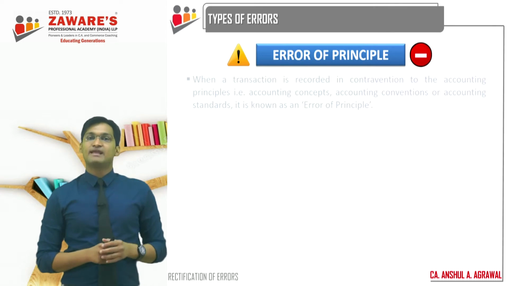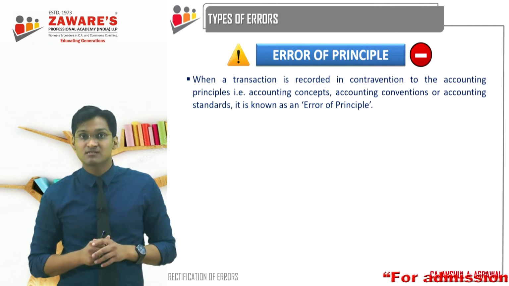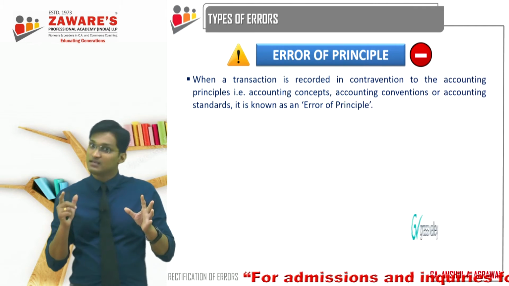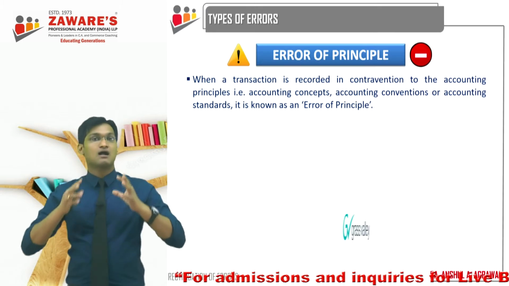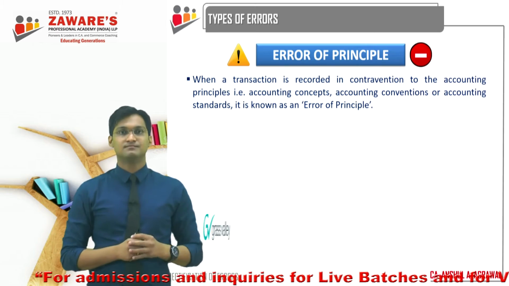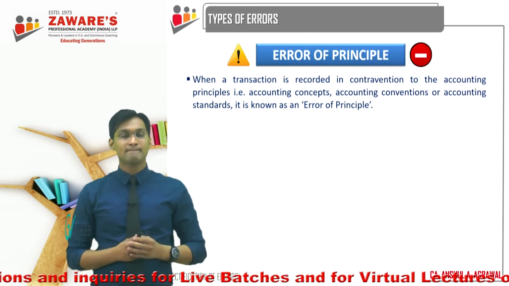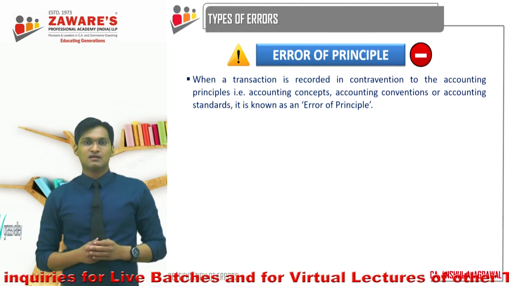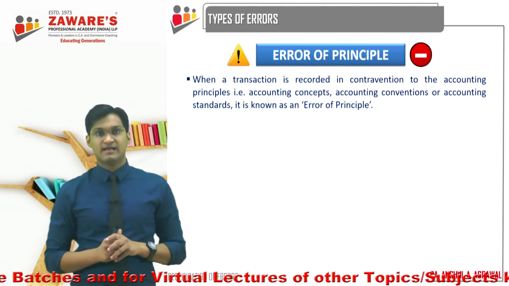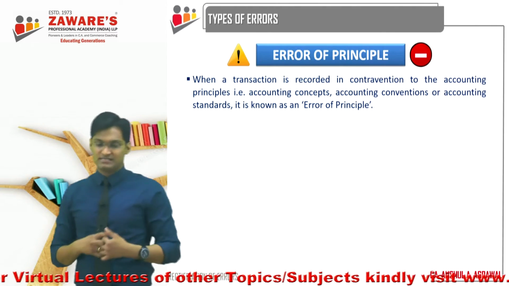If an accounting entry is passed contravening, meaning violating, any of the accounting principles like accounting concepts, accounting conventions, accounting standards, etc., it is known as an error of principle. Very, very important. We have seen many accounting concepts and conventions, correct? So we are definitely going to take an example over here, but let's discuss one more example.